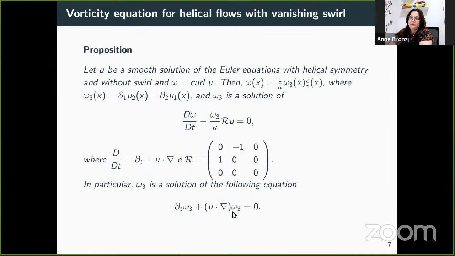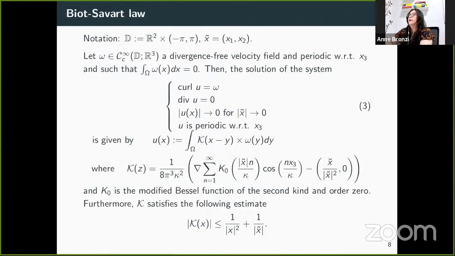And we can also recover the whole vorticity using this term here. So this is the key. This is what makes it possible to control the vorticity and to get the global existence of solutions.